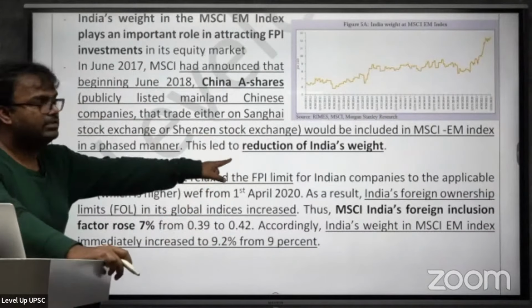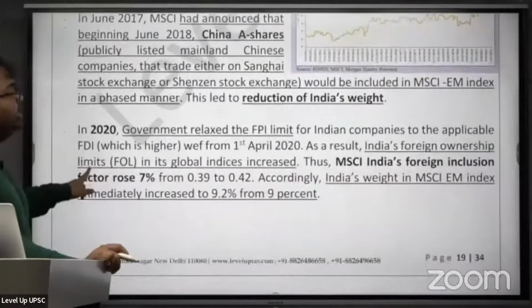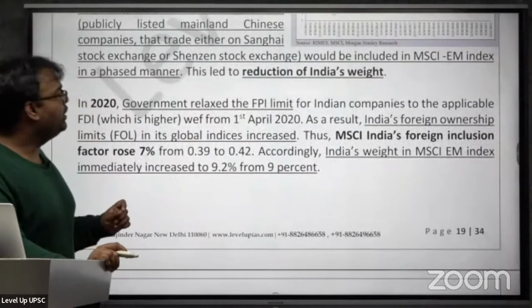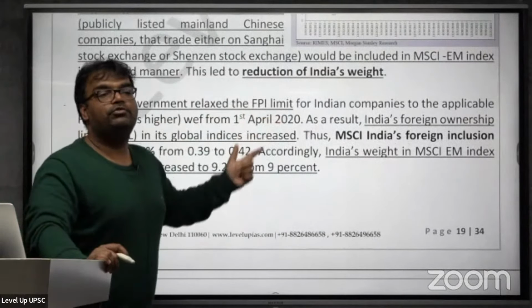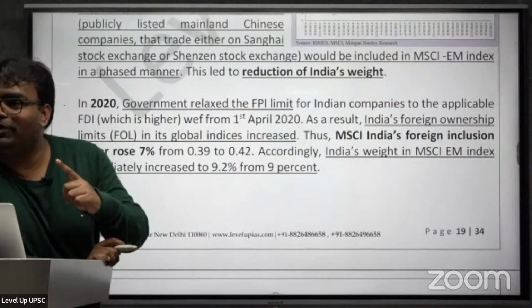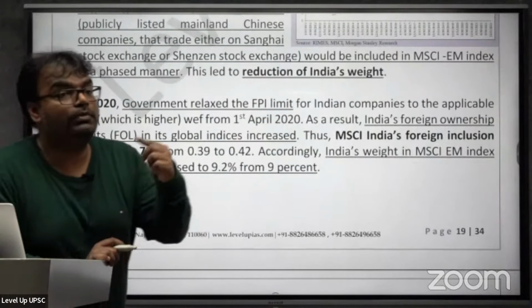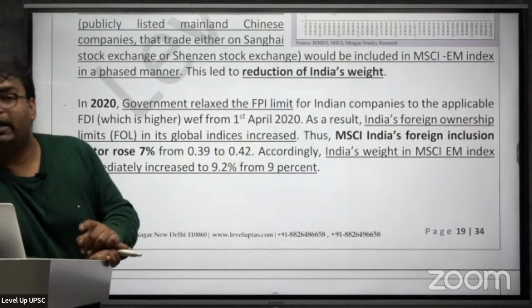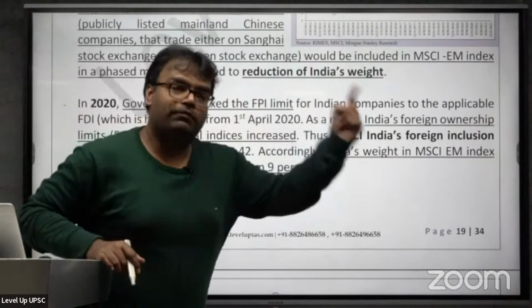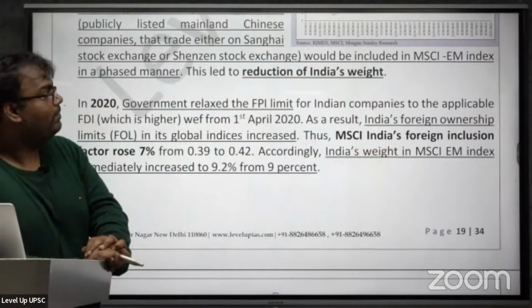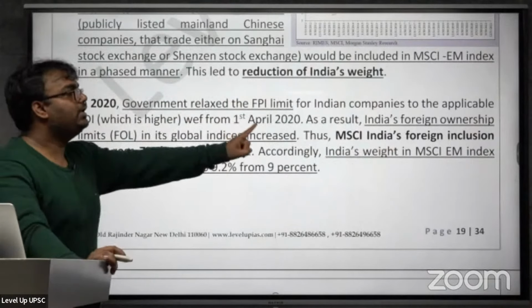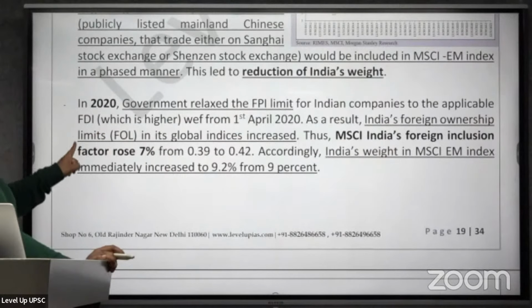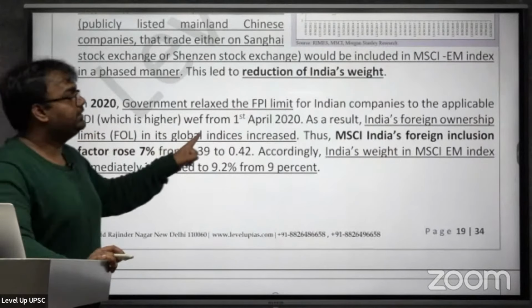So earlier, India's weight had reduced. Then in 2020, what happened? India announced that the FPI limit would be relaxed. More foreign money would be allowed in individual companies. The FPI limit was made equivalent to FDI limits. As a result, India's foreign ownership limits in global indices increased.